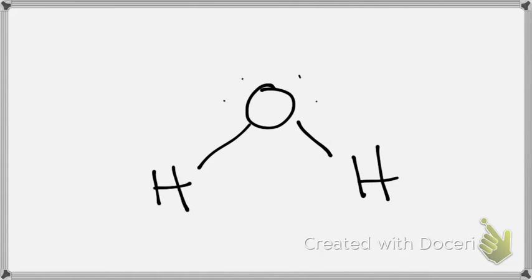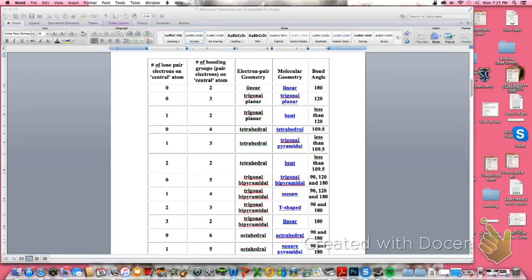Okay, but it doesn't end here. Once again, we have to identify the molecular geometry. Now, we're going to go back to the structure that we had prior to this. Okay, and if we look at this, we have the water molecule, and it looks something like this.